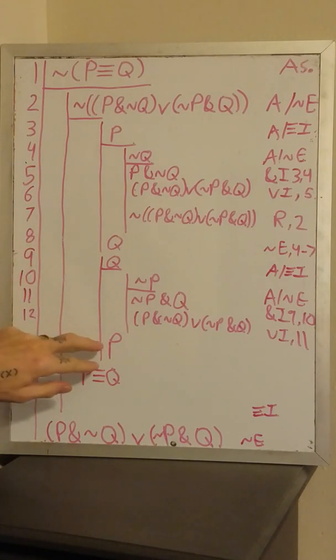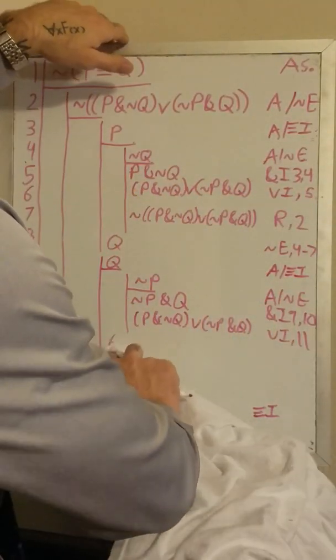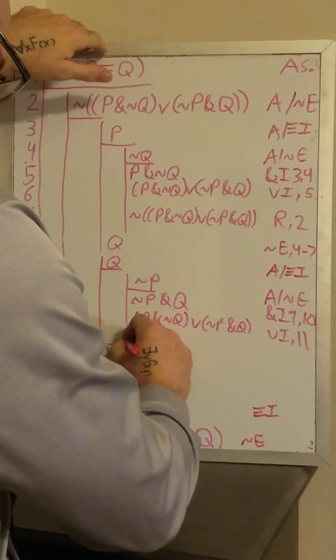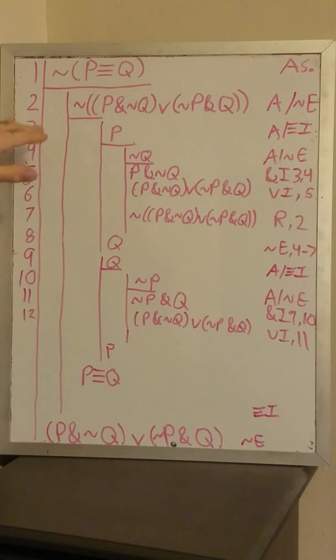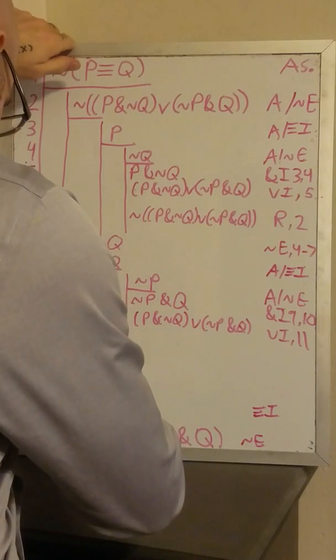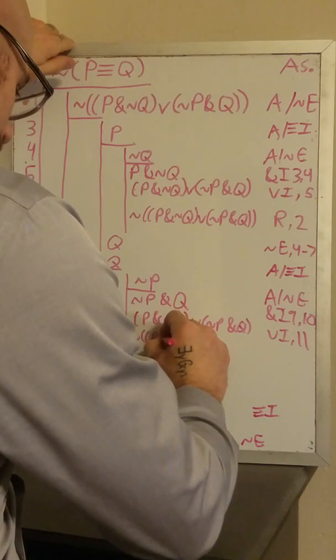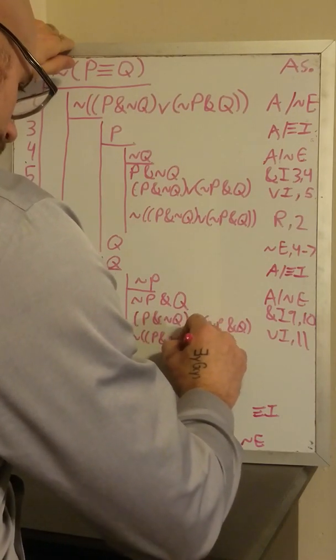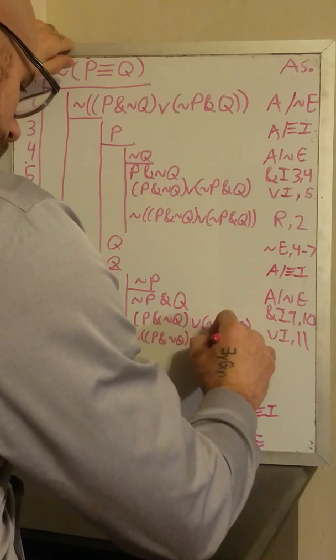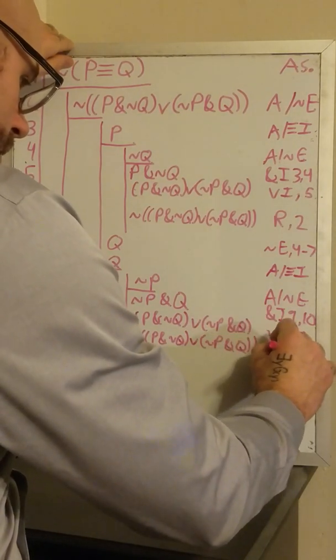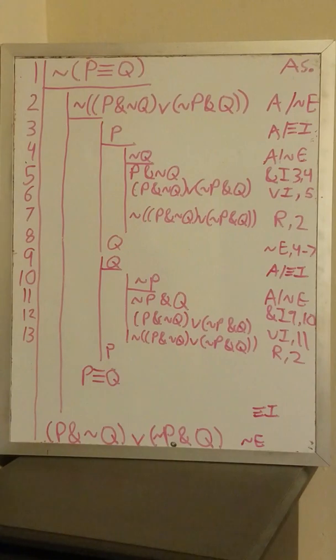All right, so here you can see I didn't leave myself enough room. So I'm going to have to shrink this P a little bit and make this line come down a little bit more so I can reiterate this negation down to here. So again, that's reiteration from line 2.